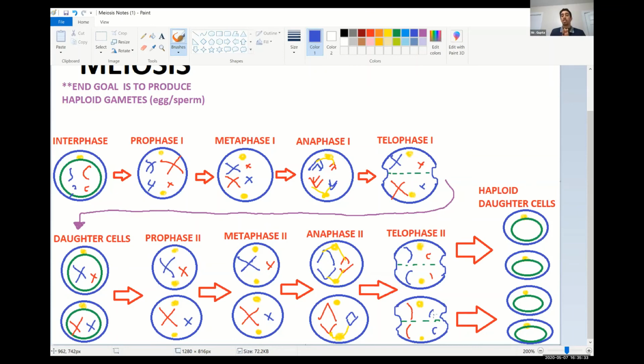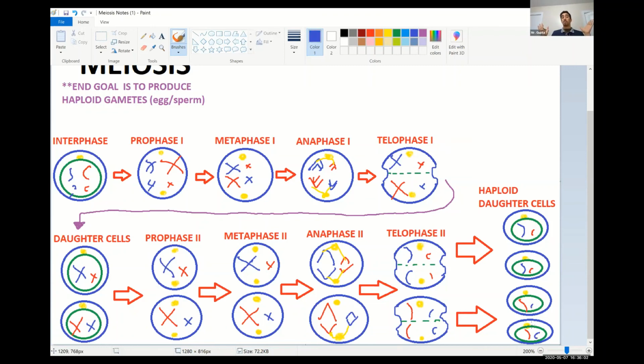And finally, after telophase 2, after the nuclear membrane forms, after cytokinesis occurs and the cytoplasm divides, we get 4 daughter cells. So I'll just draw out the 4 daughter cells. We have the 2 big blue chromosomes and the 2 small red ones, and then the 2 big red ones and the 2 small blue ones.